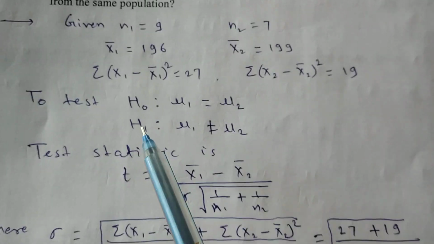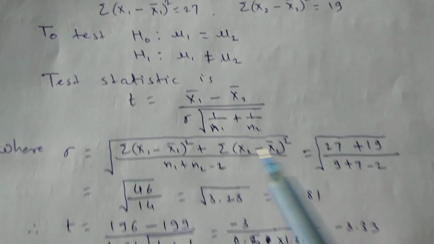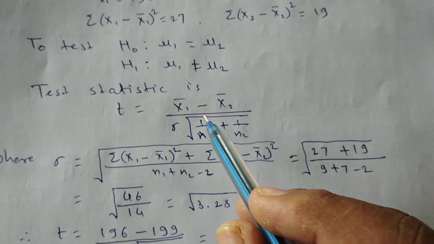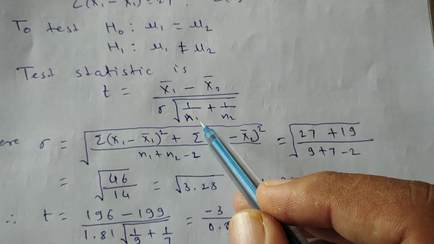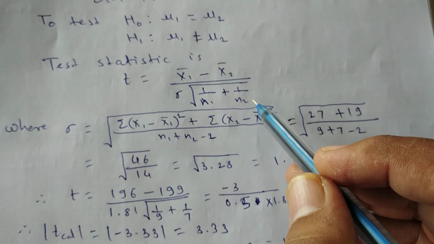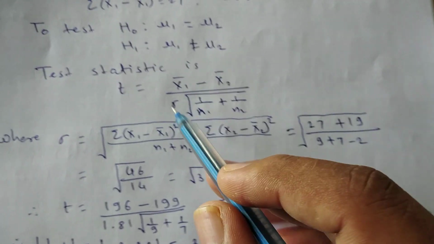So we have to test H0 as mu1 equal to mu2, H1 as mu1 not equal to mu2. So the formula is t equal to x1 bar minus x2 bar divided by sigma into under root of 1 by n1 plus 1 by n2. Now here we know x1 bar, x2 bar, n1, n2. The unknown thing is sigma.